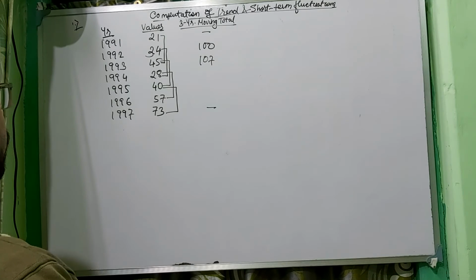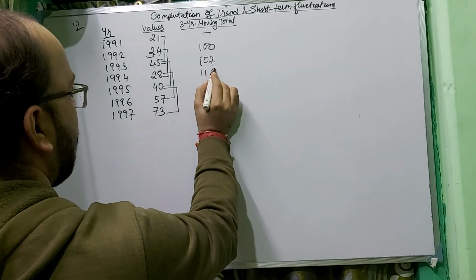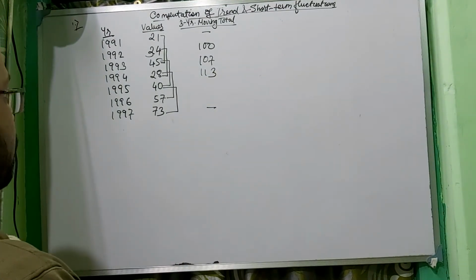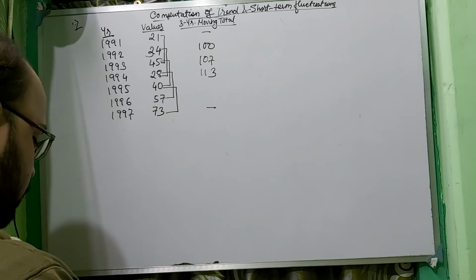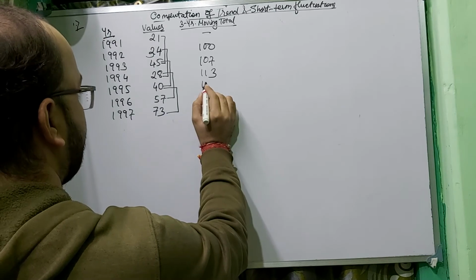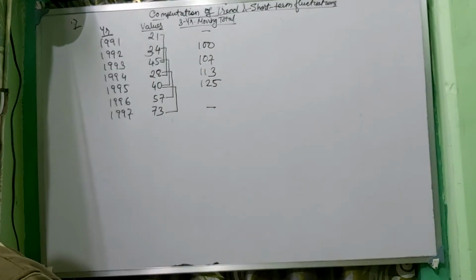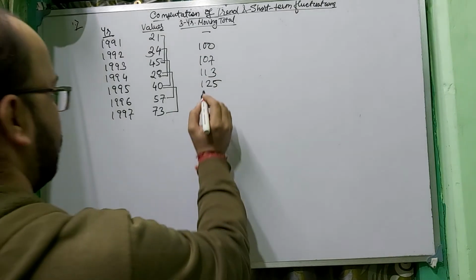Next, 45 plus 28 plus 40 is 113. Next, 28 plus 40 plus 57 is 125. Next, 40 plus 57 plus 73 is 170.